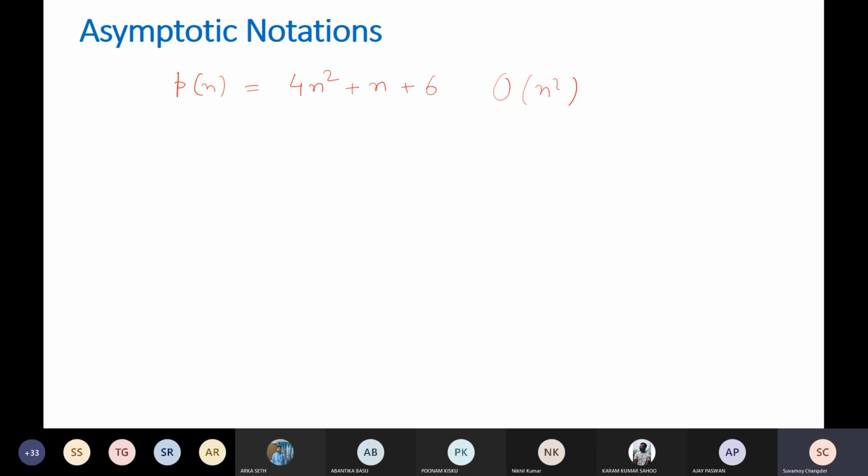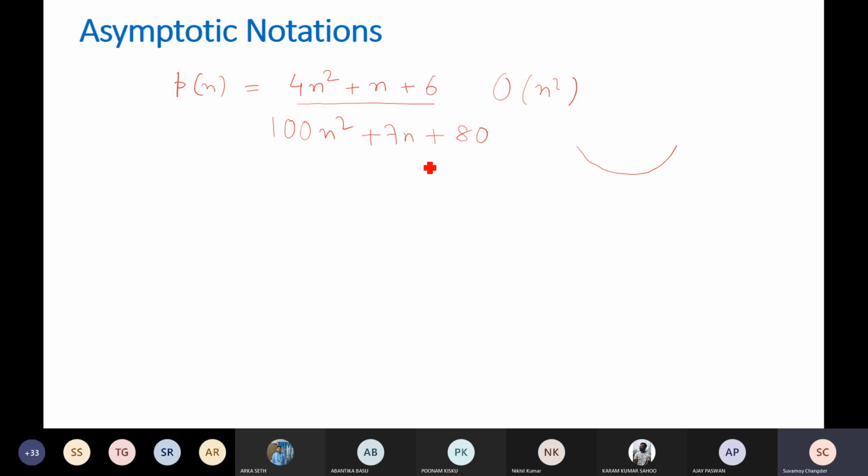Another point is that is there any difference between 100n square plus 7n plus 80 and these two? Are these two equivalent in terms of time complexity or not? Because you see that if we plot this curve, so we will get a parabola. Maybe the origin is shifted or something like that.